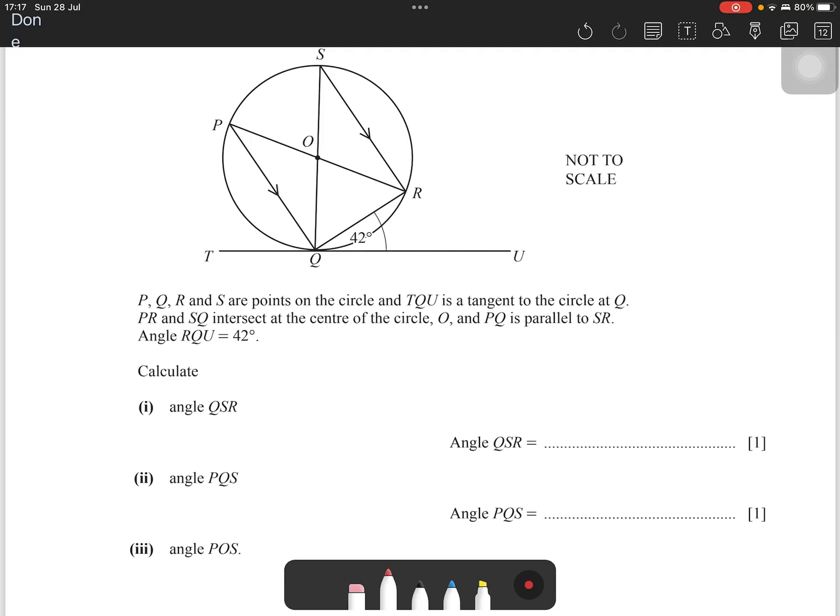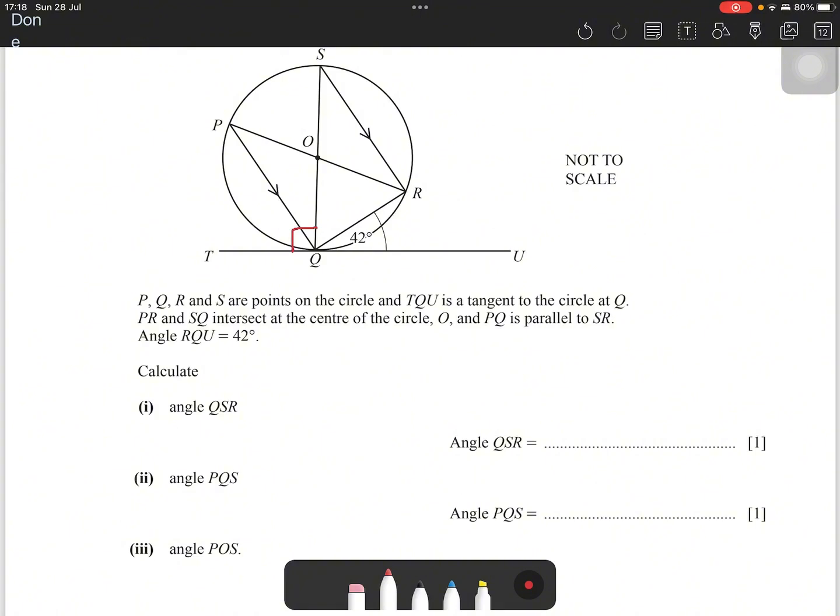PQRS are points on the circle, and TQU is the tangent to the circle at Q, which means OQ is perpendicular to TU.